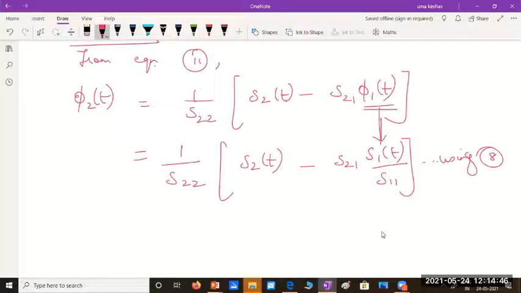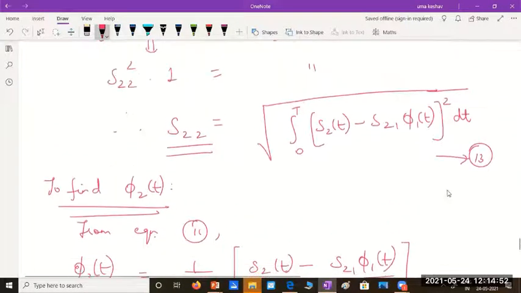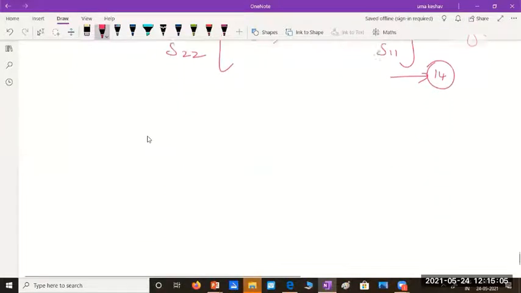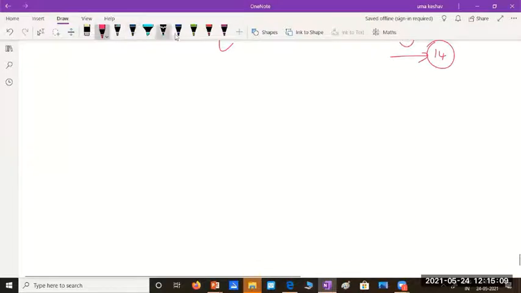Now let me call this equation 14. So we are able to find S21, S22, phi 1 and phi 2 as of now. On similar lines, you can just generalize.